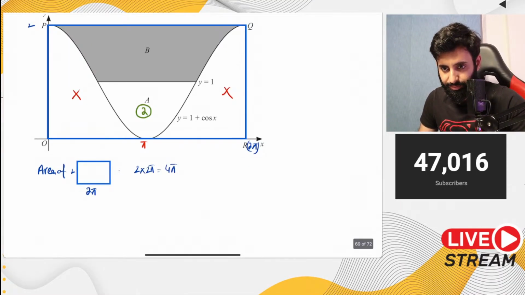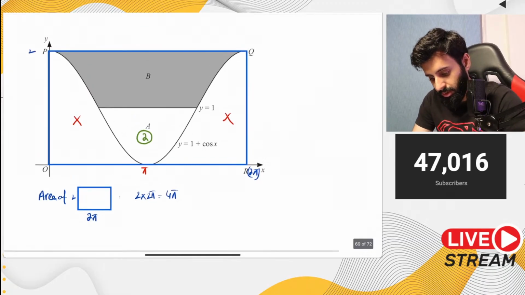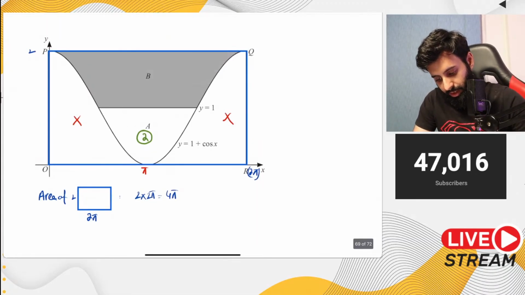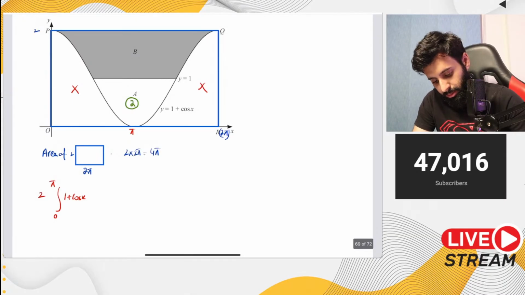Now let's talk about the curve integrated within the limits 0 and pi. So 1 plus cos x, we are going to integrate within the limits 0 and pi, and don't forget to multiply it by 2 as well. We already know what the integral is. It's x plus sine x within the limits pi and 0.